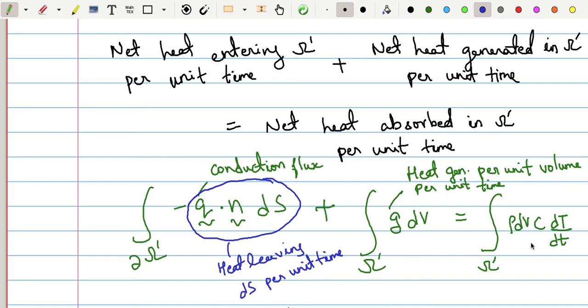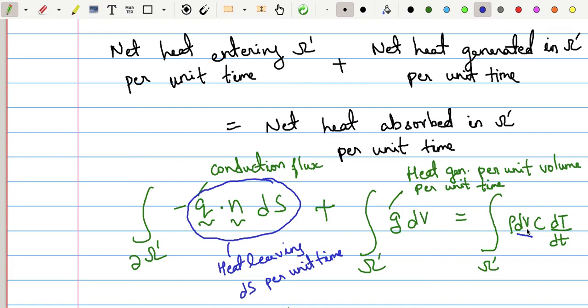And what is the heat absorbed over a material volume dV per unit time? What is the mass of the material volume? Rho dV is the mass of the material volume. If the increase in temperature per unit time is 1 degree, then what will be the heat absorbed by dV?